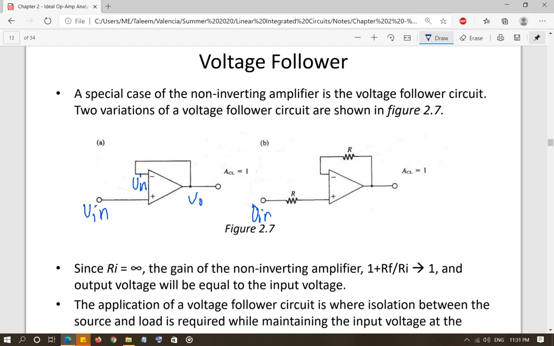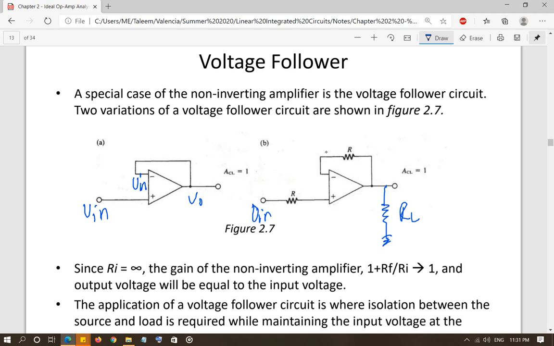You will ask what is the purpose of this amplifier if the output is equal to input. Well, there's a good purpose of this amplifier, if you want to isolate the load that is connected at the output. So if you're connecting a load over here, you can use this amplifier to isolate this load from the source. Why do I want to isolate the load and the source?